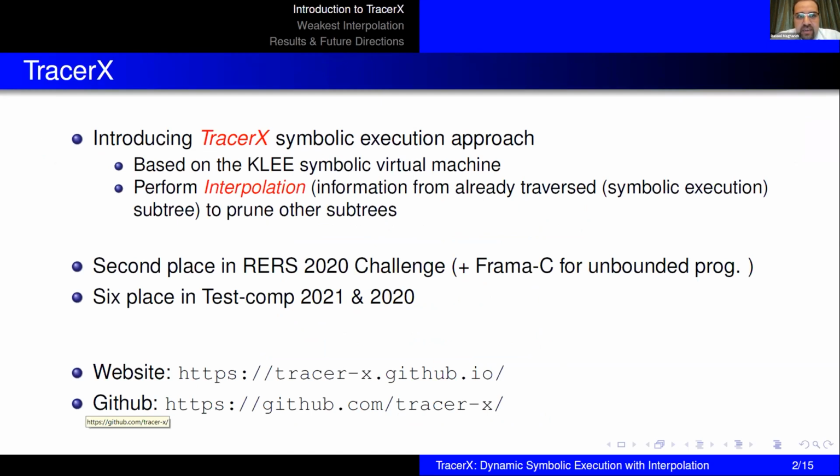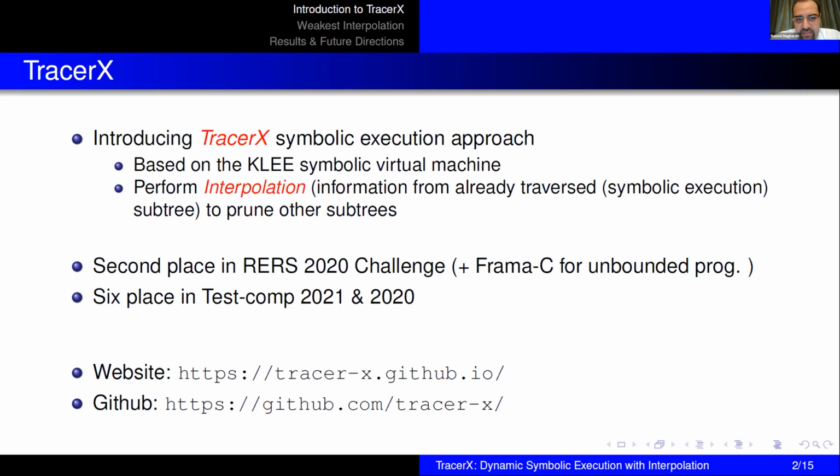in TracerX. TracerX is built on top of KLEE, and we use KLEE as the symbolic virtual machine. On top of that, we perform interpolation to prune subtrees inside the symbolic execution tree. By interpolation, I mean that we gather information from already traversed symbolic execution subtrees, and we use it to prune the other subtrees.